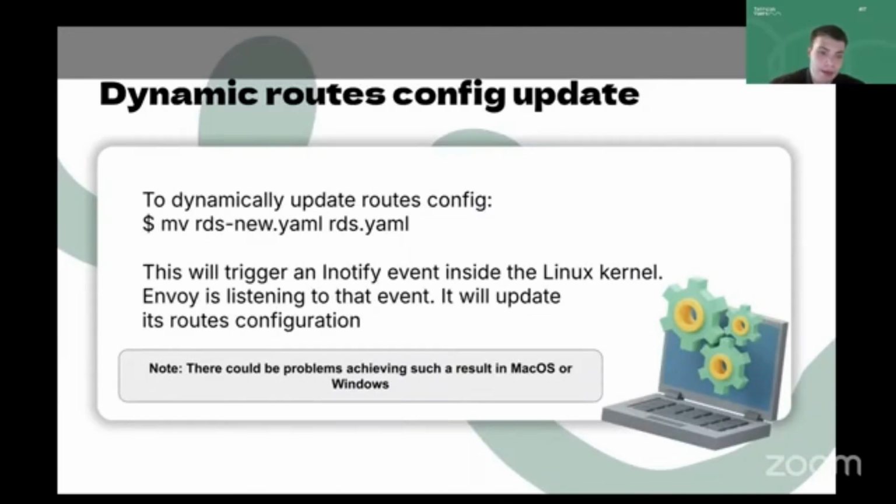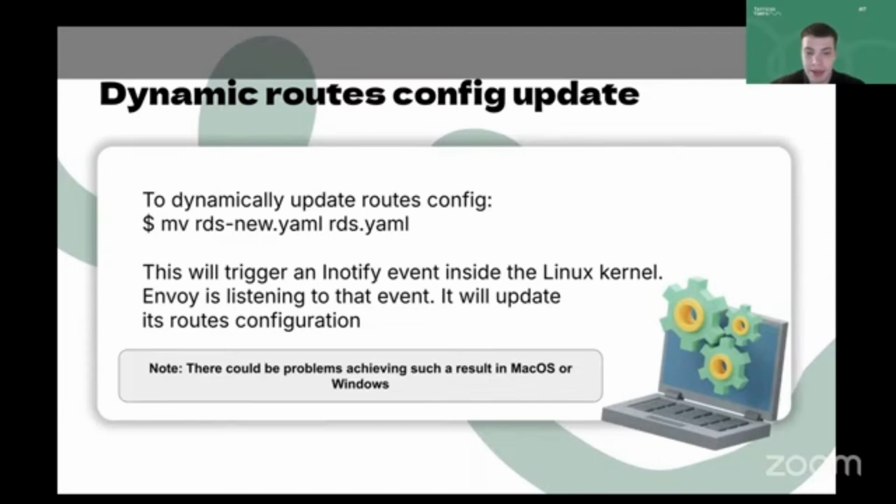Okay, one thing that we haven't mentioned earlier is how exactly we update our config file. The operation itself is pretty easy. We just use our Linux move command. For example, we have an rds_new.yaml file, which contains the most recent configs that we've updated, and we just replace the old file with the new one.